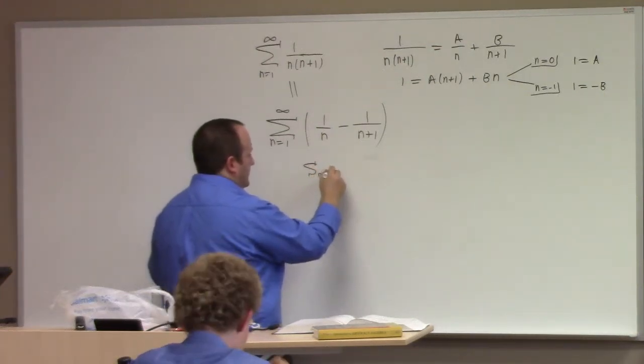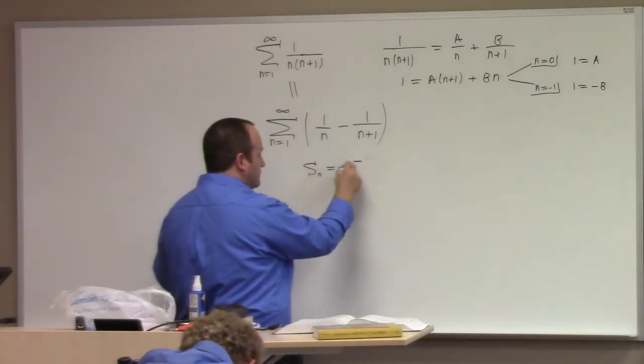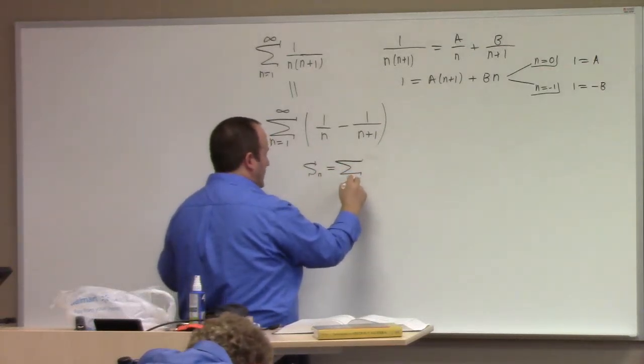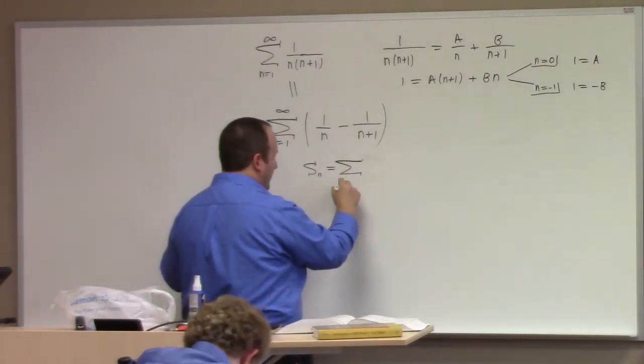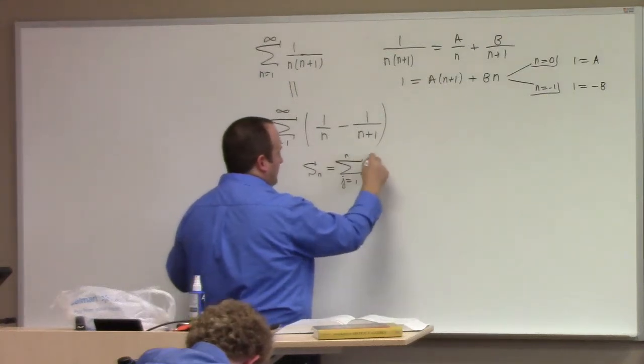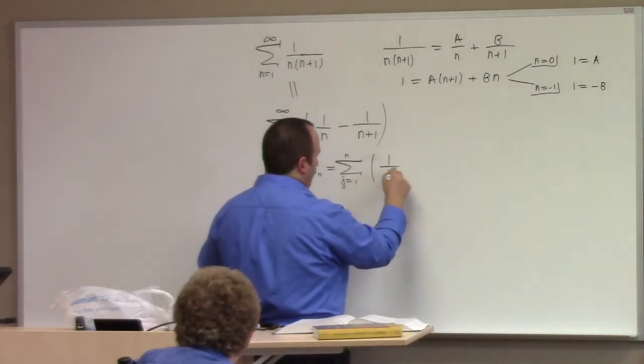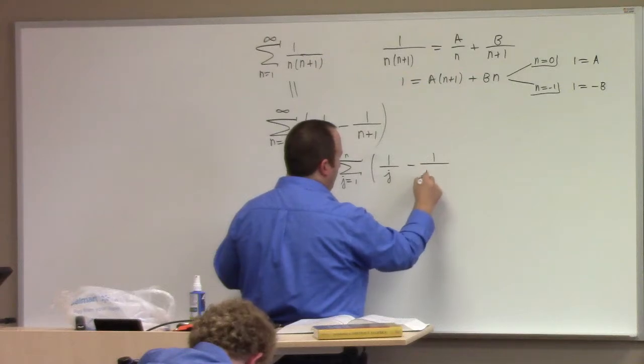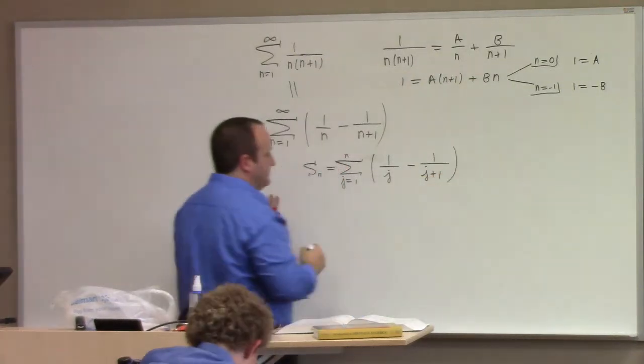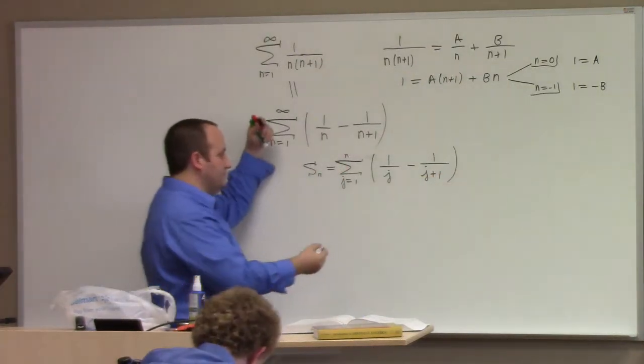Sad but true. So the nth partial sum, the sum, let's say j equals 1 to n of 1 over j minus 1 over j plus 1, right? What is that actually here?